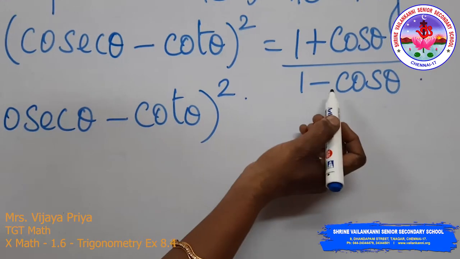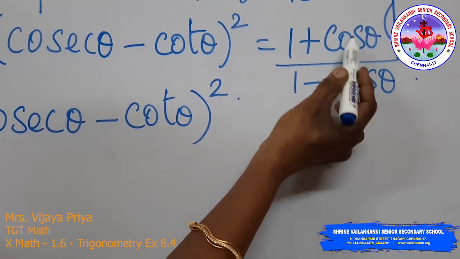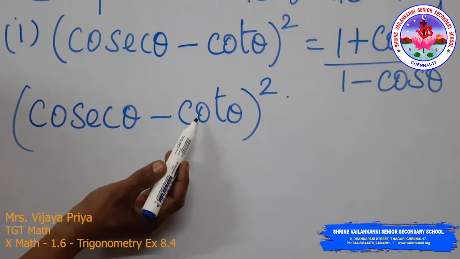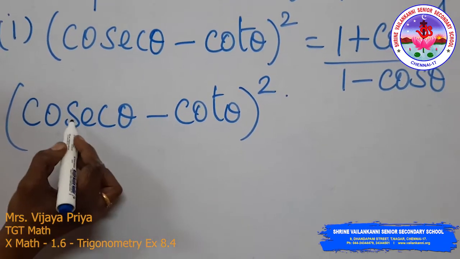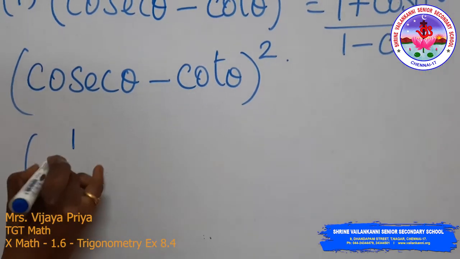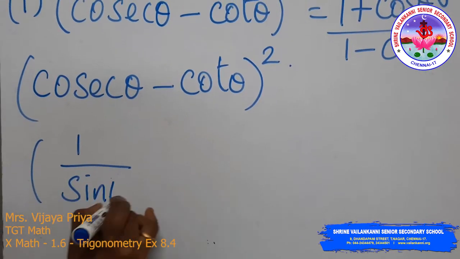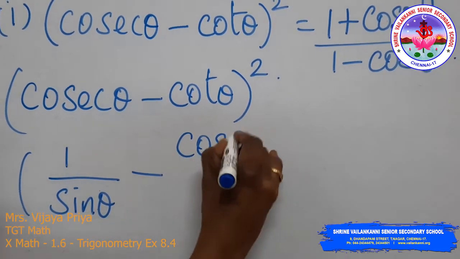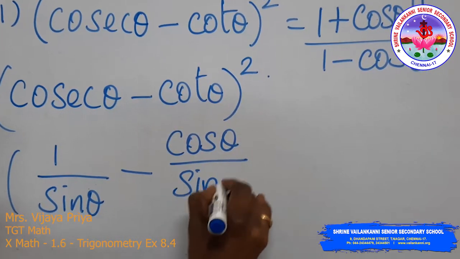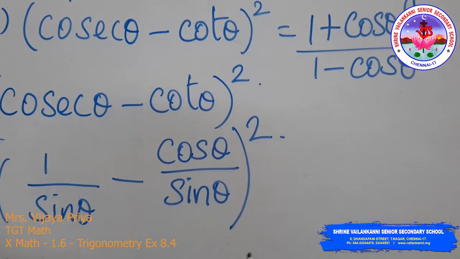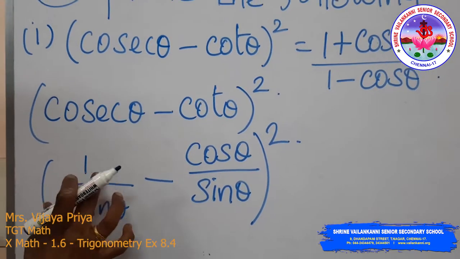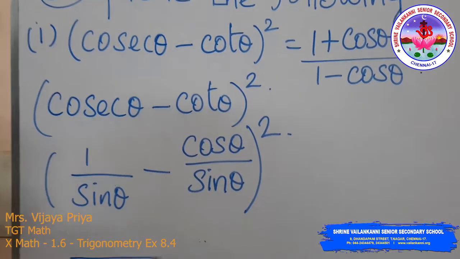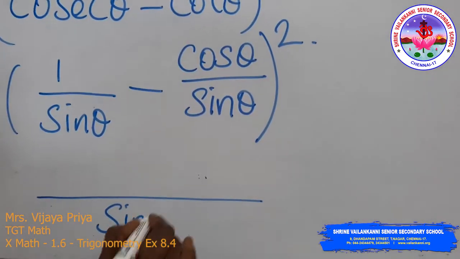Since my right hand side is in terms of cos theta, I am going to bring the cosecant and cot to the basic form. Cosecant theta is 1 by sin theta. Now minus cot theta, which is cos theta by sin theta, the whole square. Now I am going to take the LCM for these two terms, where my LCM is sin theta.